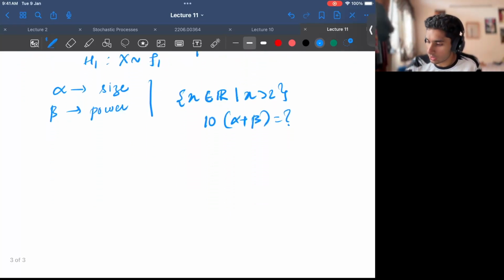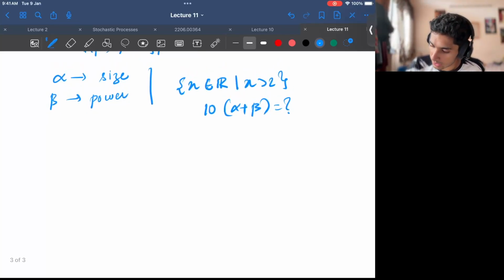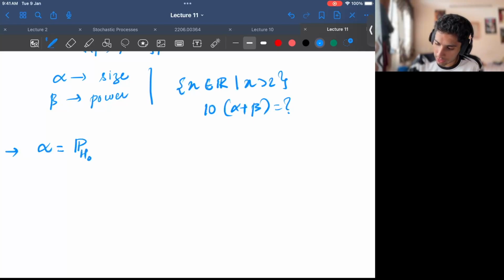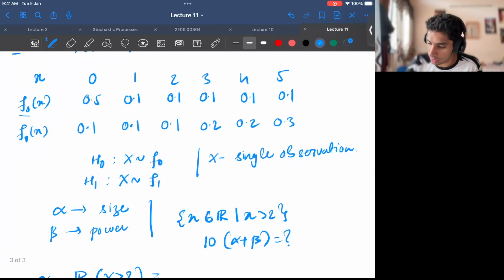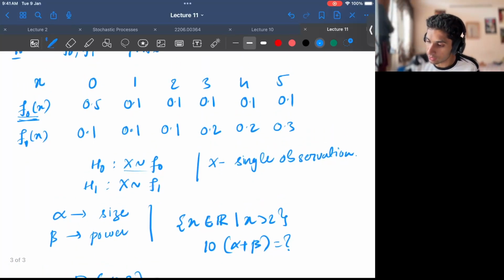It is simple. The size is basically your type 1 error. So alpha is equal to the probability under H naught of rejecting the null hypothesis. When will you reject the null hypothesis? If x is greater than 2. Under F naught, what is the probability that x is greater than 2?